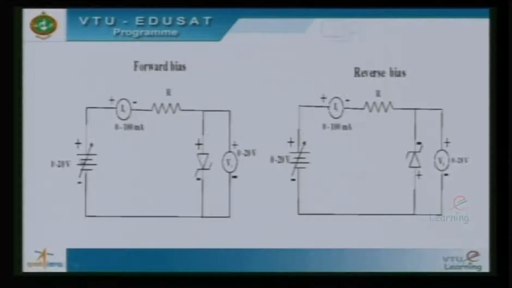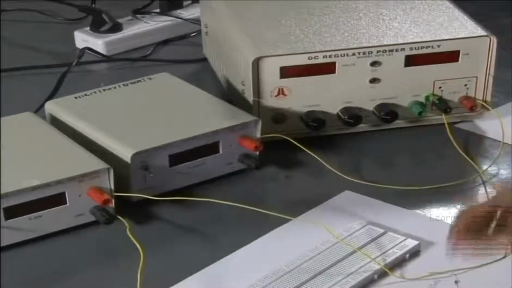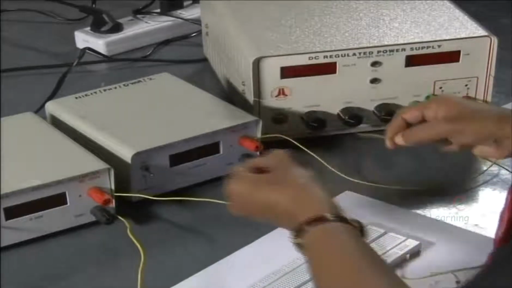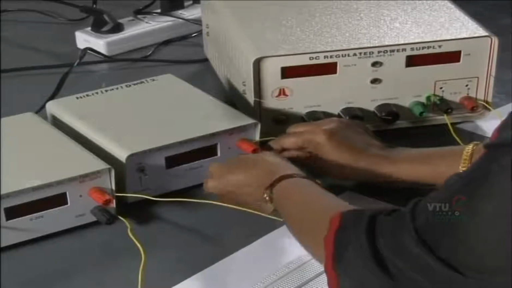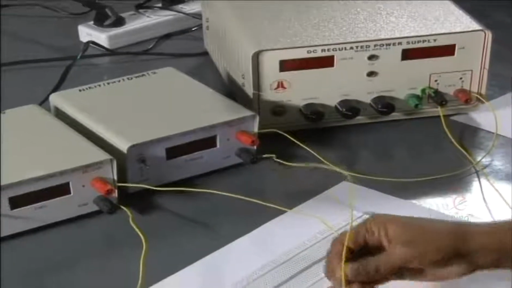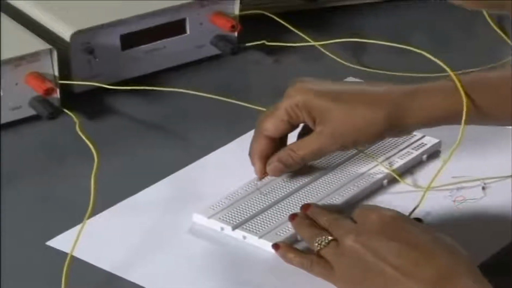The positive terminal of the power supply is connected to positive terminal of the milliammeter. The negative terminal of the milliammeter is connected to one end of the resistor, which I am going to mount on the breadboard.